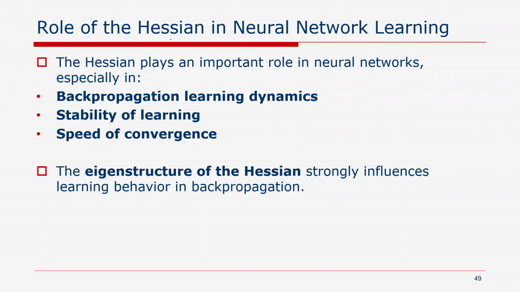The role of Hessian in neural network learning. Hessian plays an important role in neural networks, especially in backpropagation learning dynamics, stability of learning, and speed of convergence. The eigenstructure of the Hessian strongly influences the learning behavior in backpropagation.